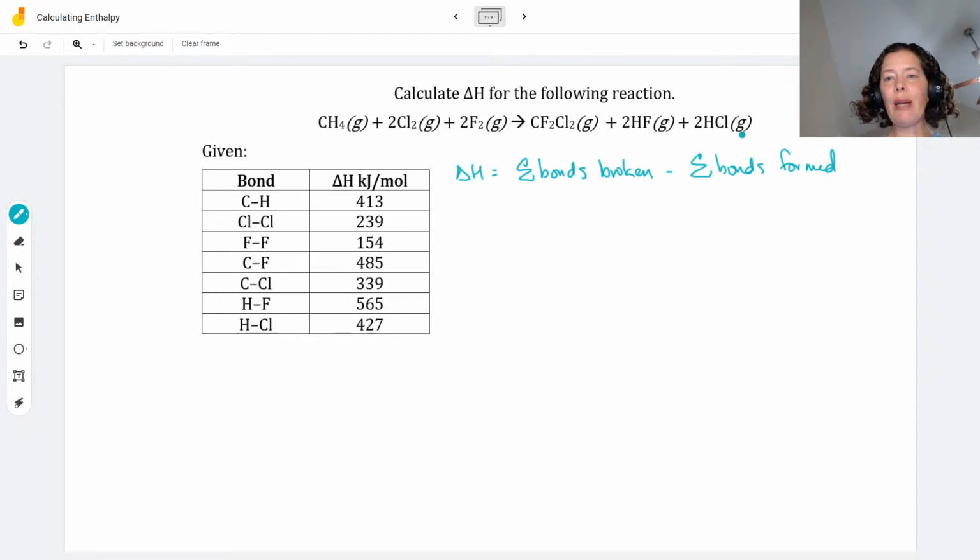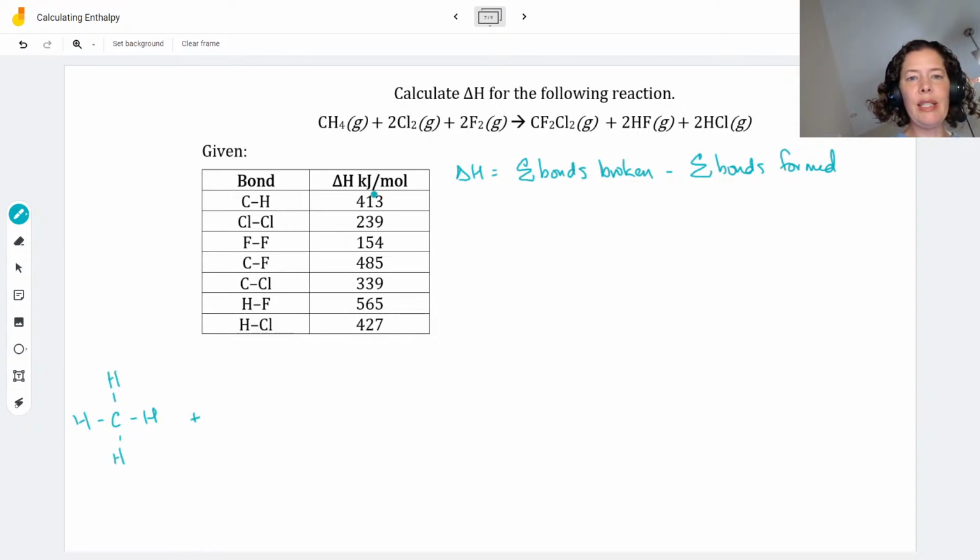So what I'm going to do is rewrite this entire reaction with my Lewis structures. So for example, methane, instead of writing CH4, I think I'm going to need space for this. I'm going to write it such that I can see all of these carbon-hydrogen bonds.